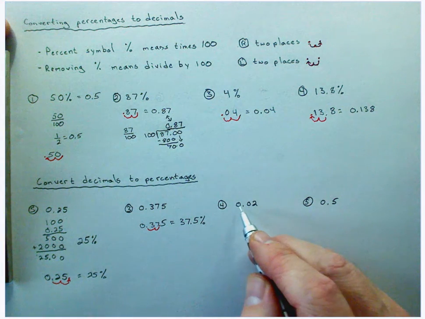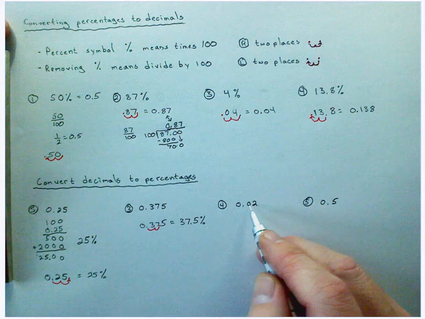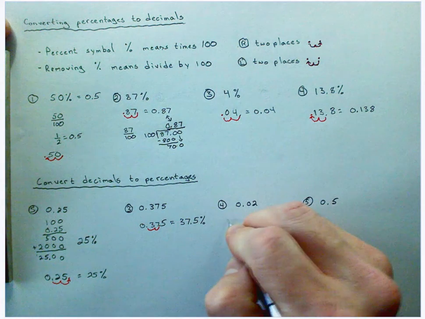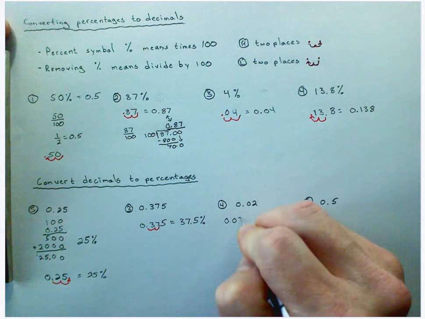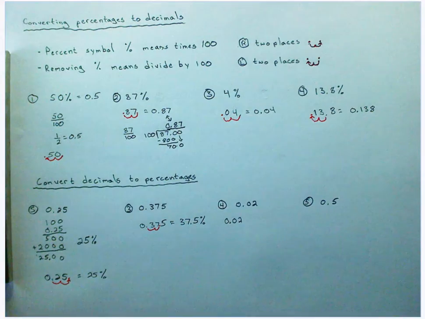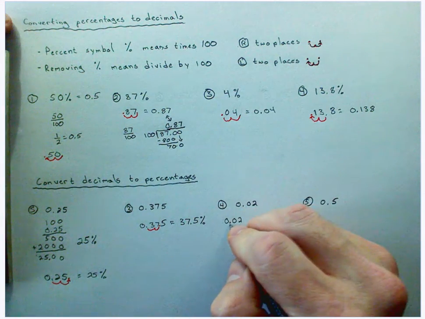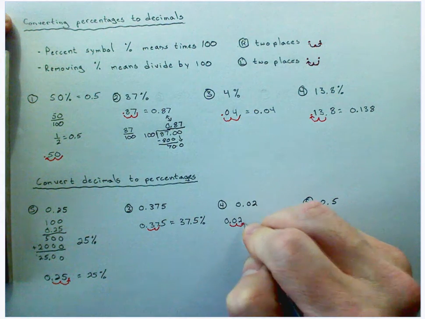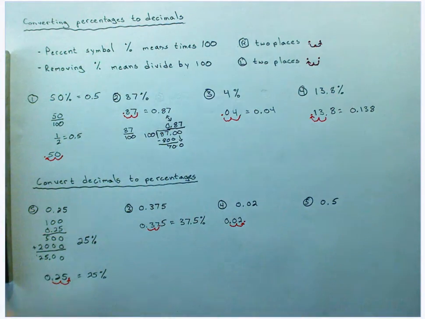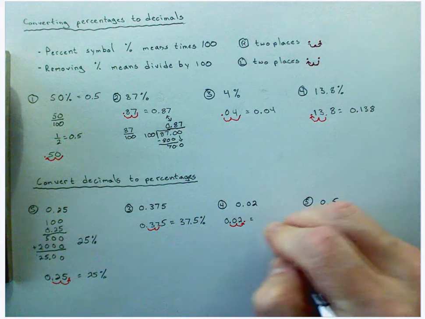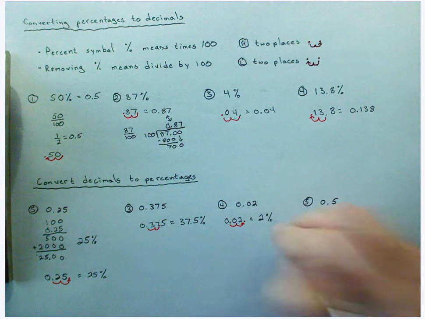Next, I need to convert 0.02 from a decimal to a percent. Two places to the right. 1, 2. Add the percent symbol onto there, and I end up with 2%.